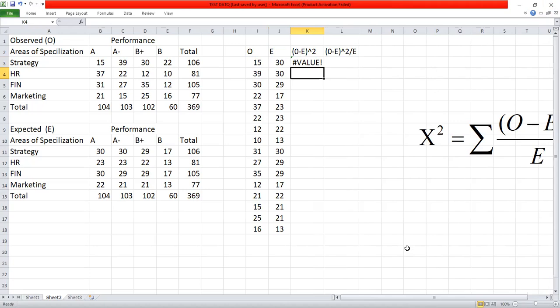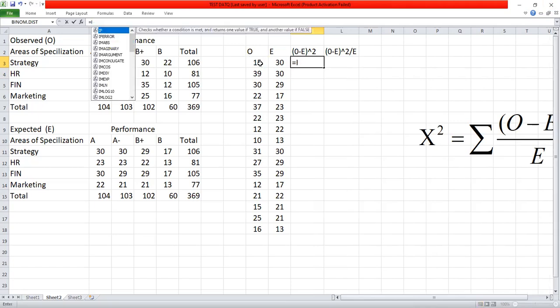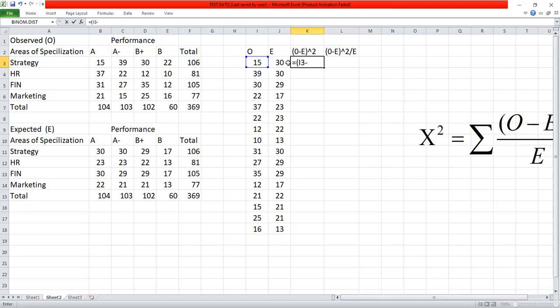Bracket O minus E bracket, whole squared. And that's what we get for each of them.